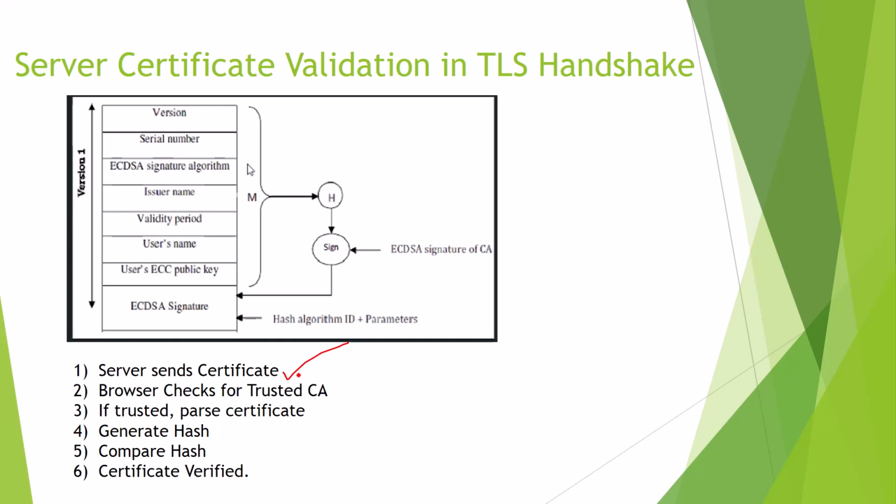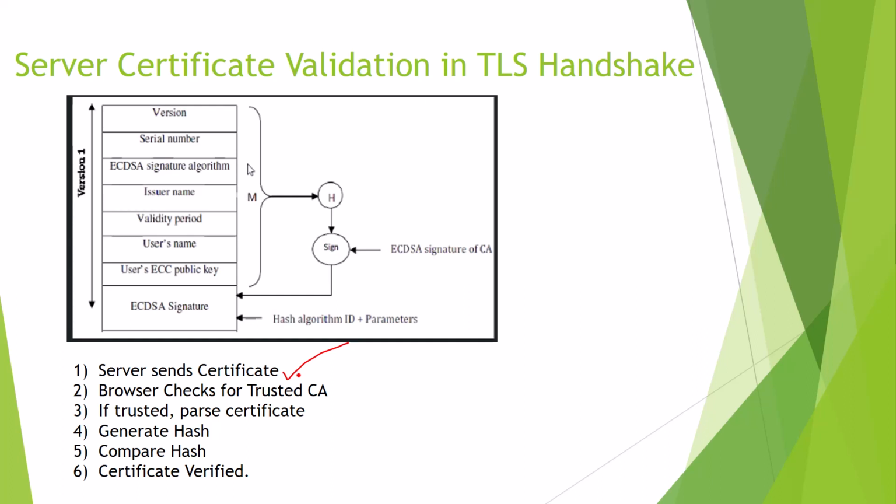Now this browser would check for validation to ensure that a trusted CA has signed it. How would it check that? If you have noticed, in the browser there is a certificate store. In that certificate store there are trusted root certificate authorities, trusted root CAs. That is a well-known store that is in the browser itself.